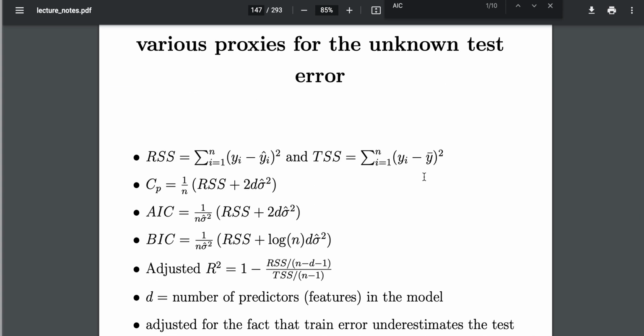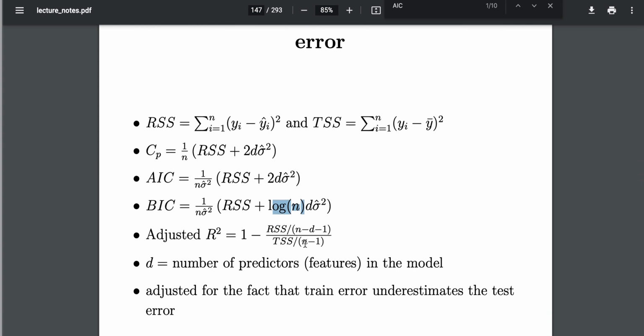These various proxies are: Cp, which is proportional to the residual sum of squares plus a penalty, where d is the number of predictors. Then we have AIC, which is again the residual sum of squares plus 2dσ². And for BIC, instead of 2, we have log n times dσ².